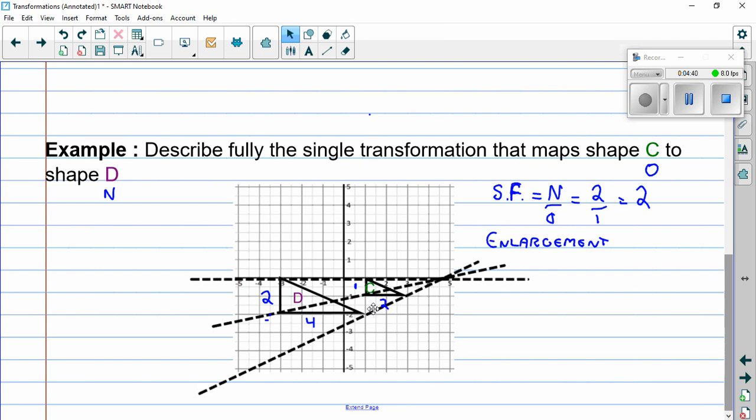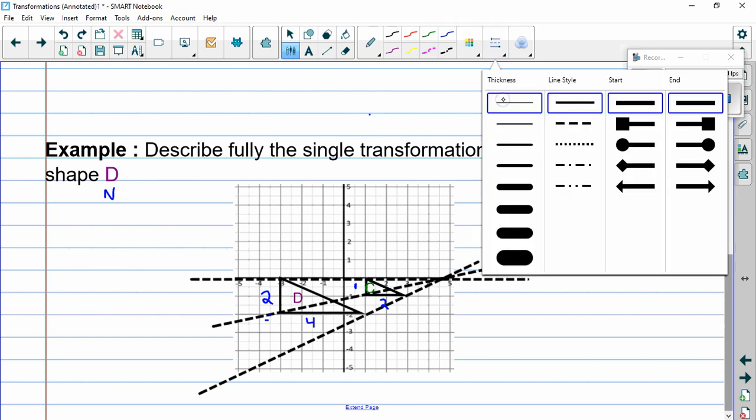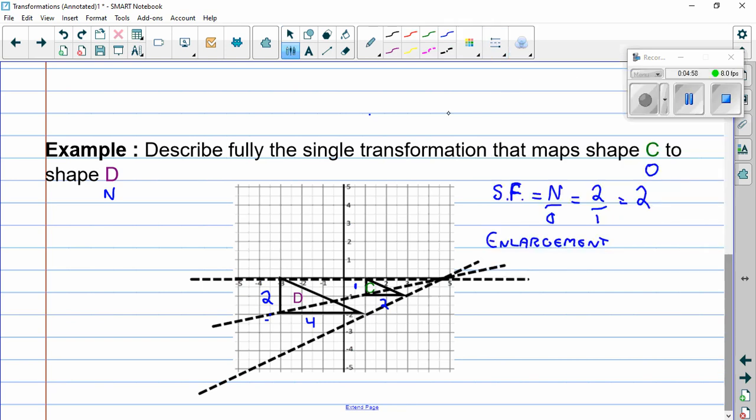So if you notice, they are going to line up over here on the right-hand side at what looks like 4.5 along our x and 0 in our y. So make sure when you write it out, you say that it's the center and scale factor.